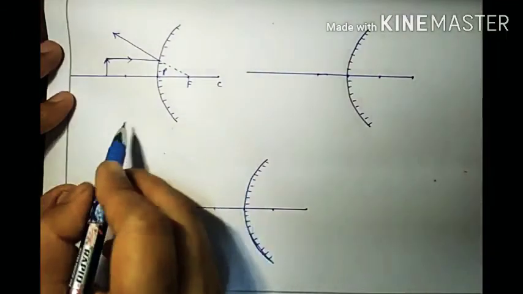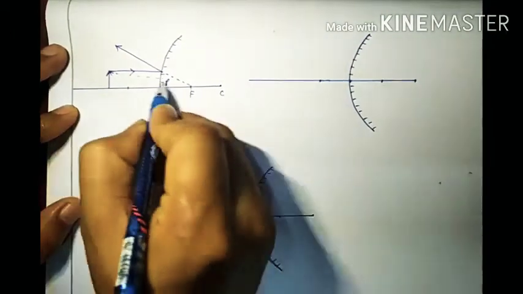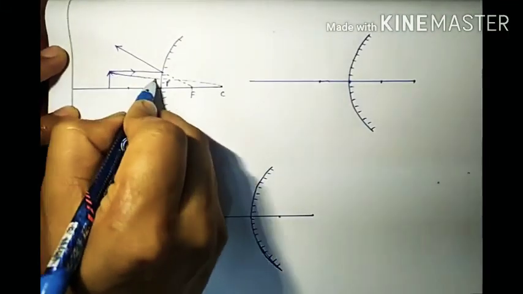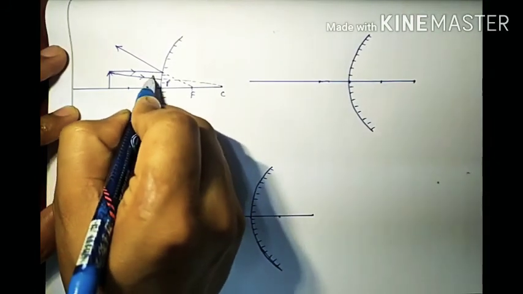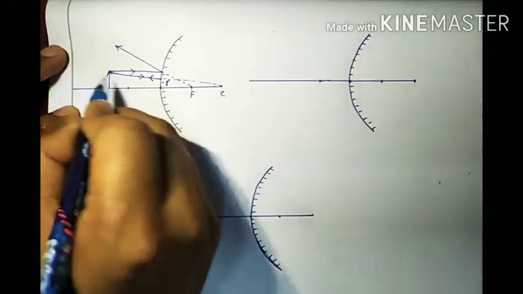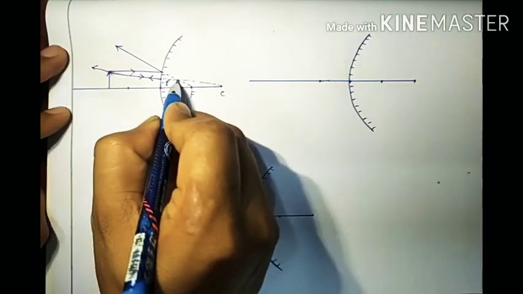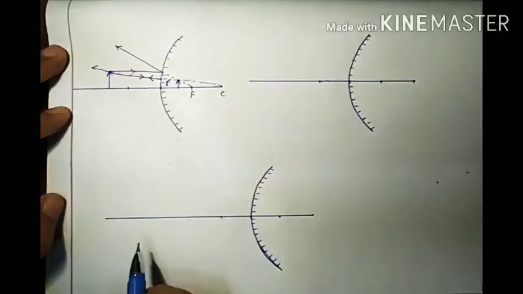Another ray is going towards the center of curvature, like this one. Here it is normal, so it will reflect back like this. This is the intersection point, here at this point. So here we are going to get our image.